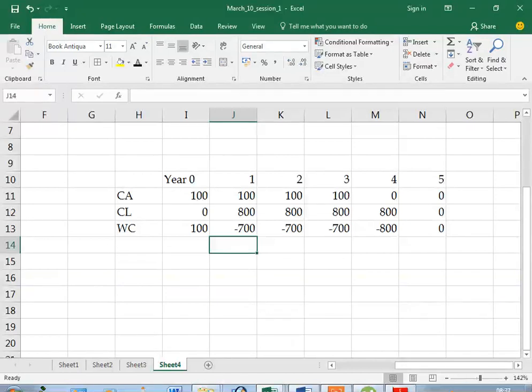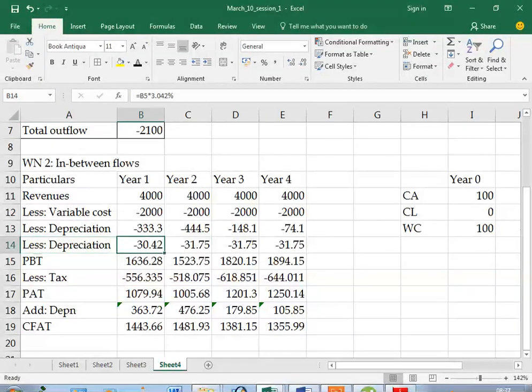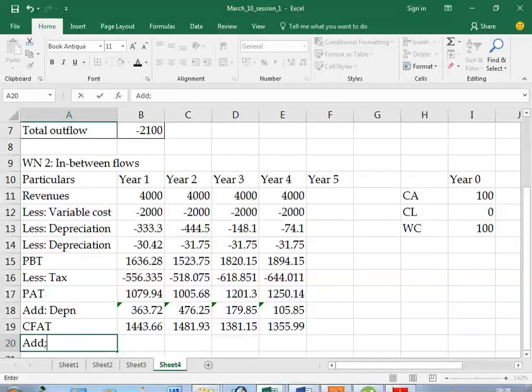Why does it come down? Because I get creditor funding. So listen for some time. I am writing another year called year 5. Add increase in working capital.